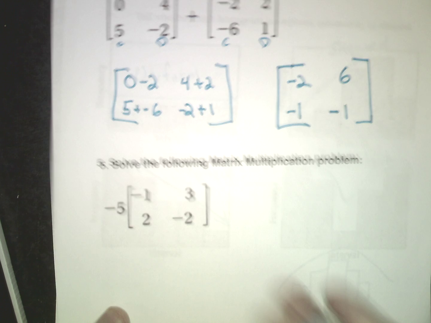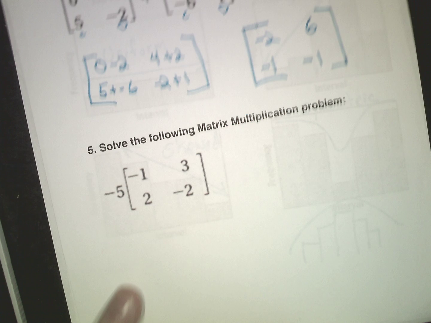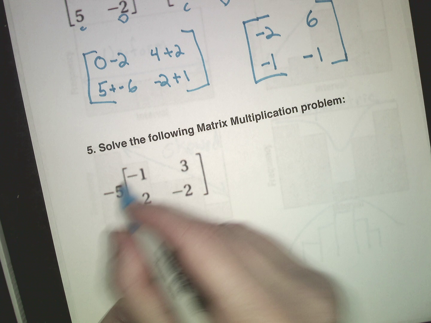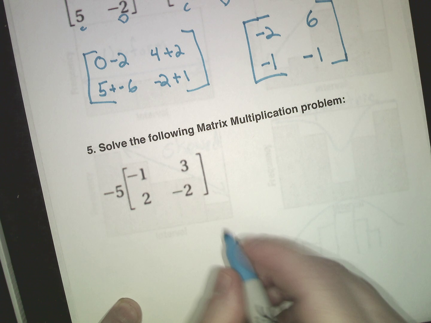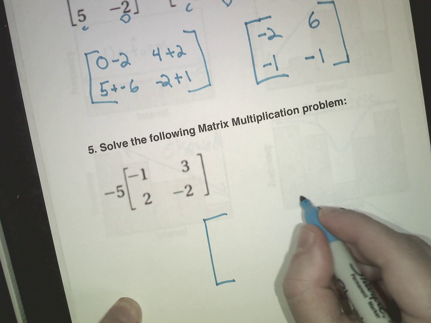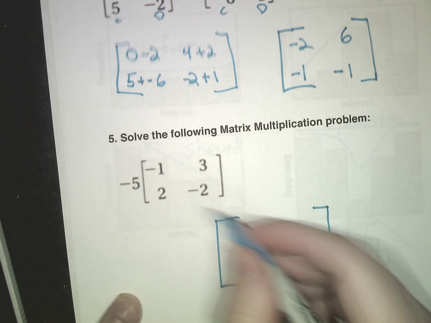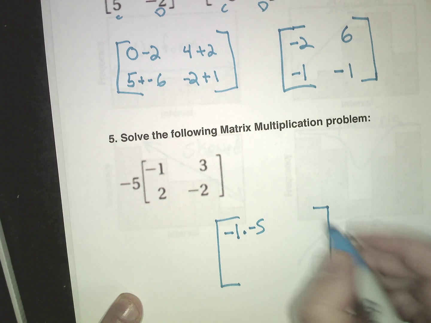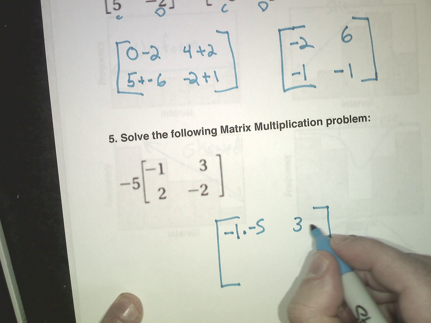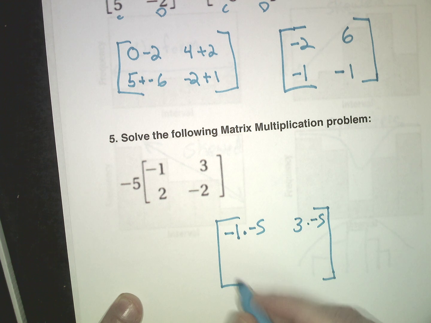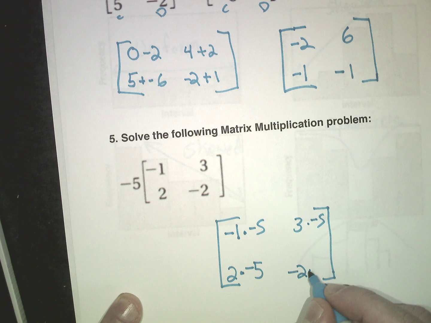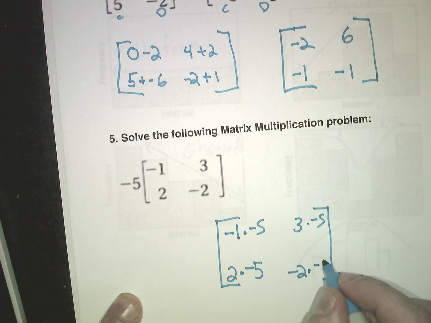Now, solving matrix multiplication problems is a little bit different. All I have to do is multiply all of the numbers in this matrix by that same number, negative 5. So really what I'm doing is taking negative 1 times negative 5, 3 times negative 5, 2 times negative 5, and negative 2 times negative 5.